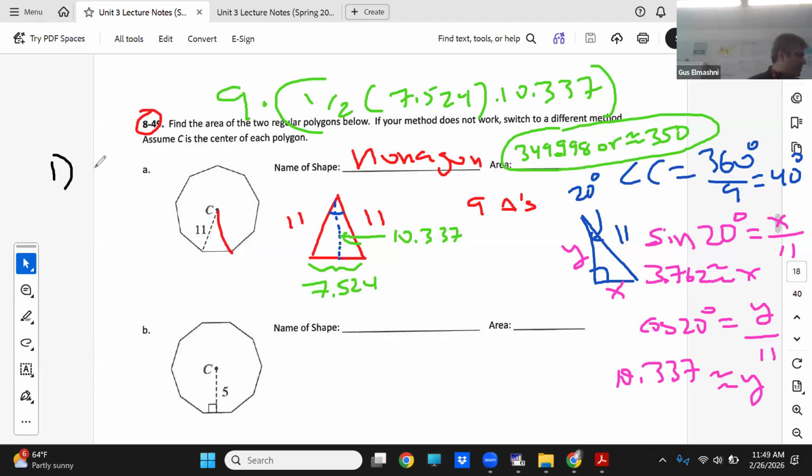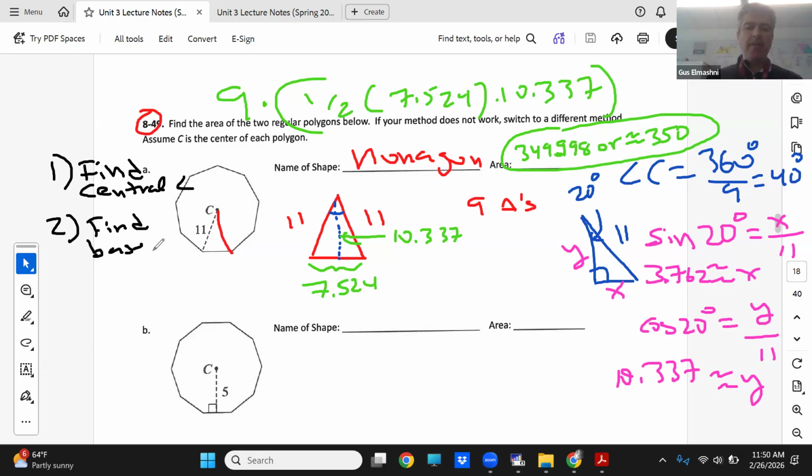So here's the deal. What you want to do is, one, find the central angle. Two, find the base and height.